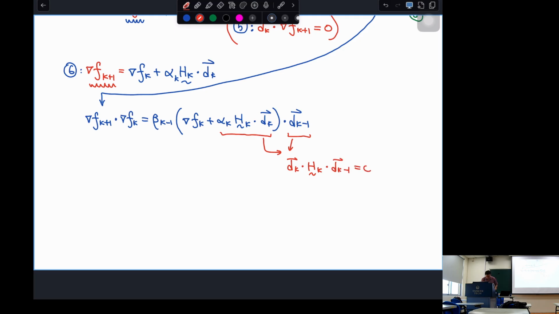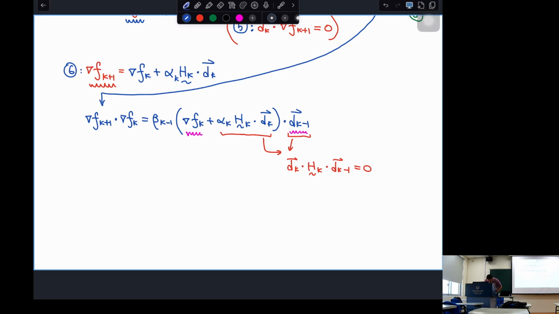That is 0 because dk and dk minus 1 are H-orthogonal. Okay, and what's remaining is this term and this term.